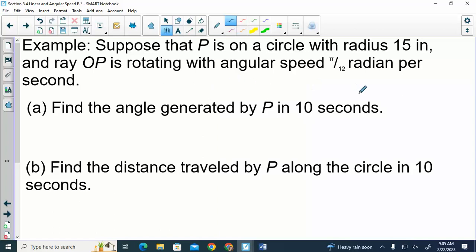Okay, so suppose that P is on a circle with radius 15 inches. I'm just going to write down r equals 15. And ray OP is rotating with an angular speed. What's my variable for angular speed or velocity? The omega, the w looking thing, is pi over 12 radians per second.